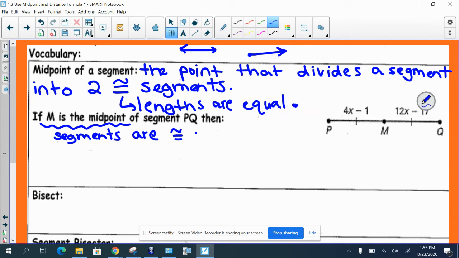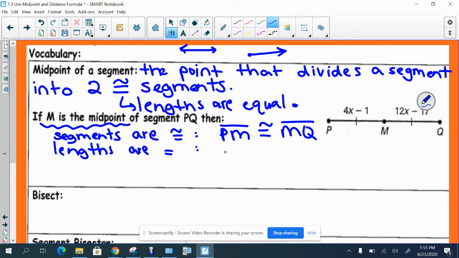So mathematically, we would write segment PM is congruent to segment MQ. Now because they are congruent, we also know that based off the definition of congruent segments, their lengths are equal. So then you can say that PM is equal to MQ. So the length of PM is equal to the length of MQ.